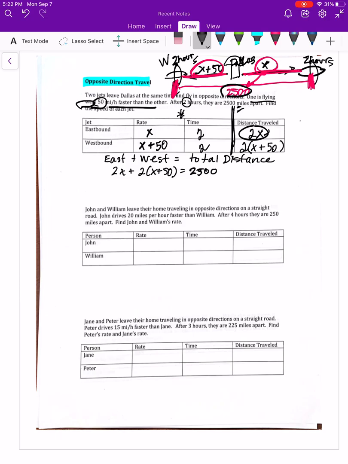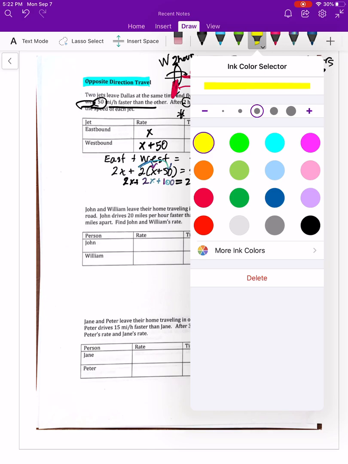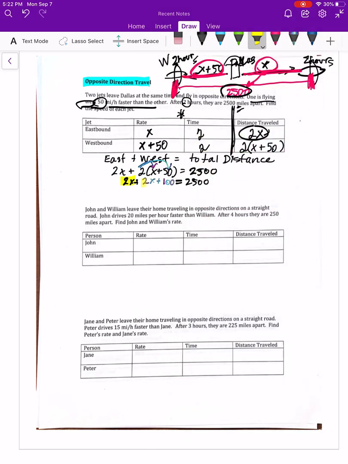So we have a little bit of the distributive property to do right here. So that's going to be 2X plus 100. Bring the other things down. 2X plus 2X equals 2,500. We're going to combine like terms. So 2X and 2X is a total of 4X.